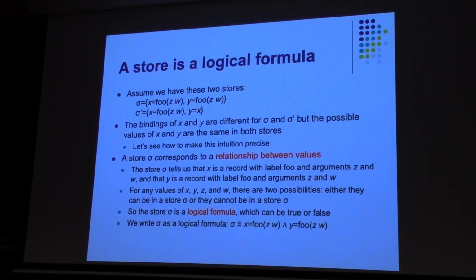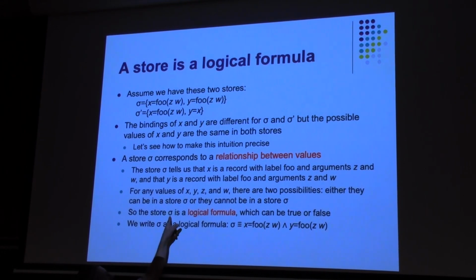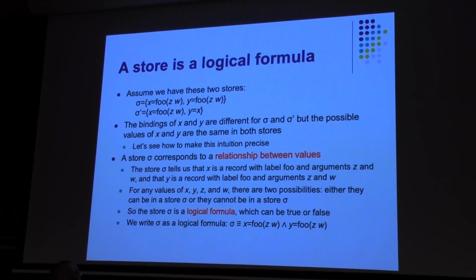So somehow the store is telling us that for some x, y, z, w, it's true, they could be in there, or for other ones, it's not true, so it's false. So the store sigma is a thing that can be true or false.